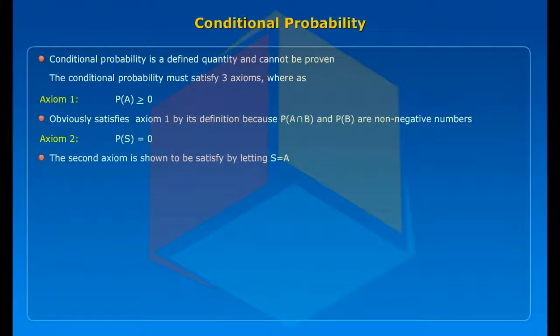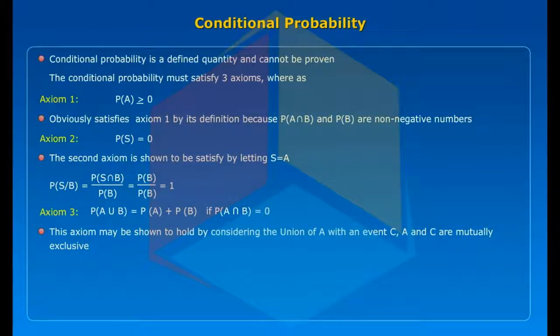Axiom 2: P(S|B) equals 1. The second axiom is shown to be satisfied by letting A equal S. P(S|B) = P(S ∩ B) / P(B) = P(B) / P(B) = 1.